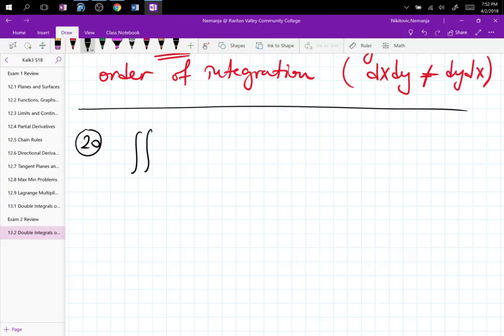So problem 20 says compute the integral from 0 to 3, x squared to x plus 6, of x minus 1 dy dx. We know how to compute this. We just integrate the inner integral first with respect to y and use the limits.